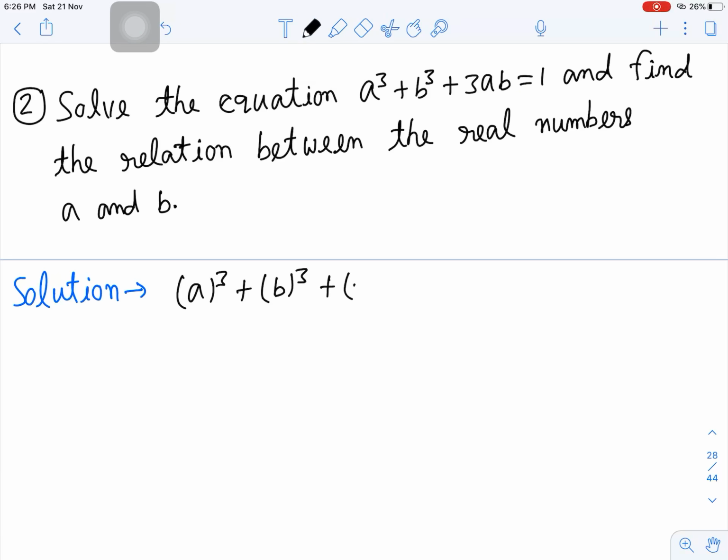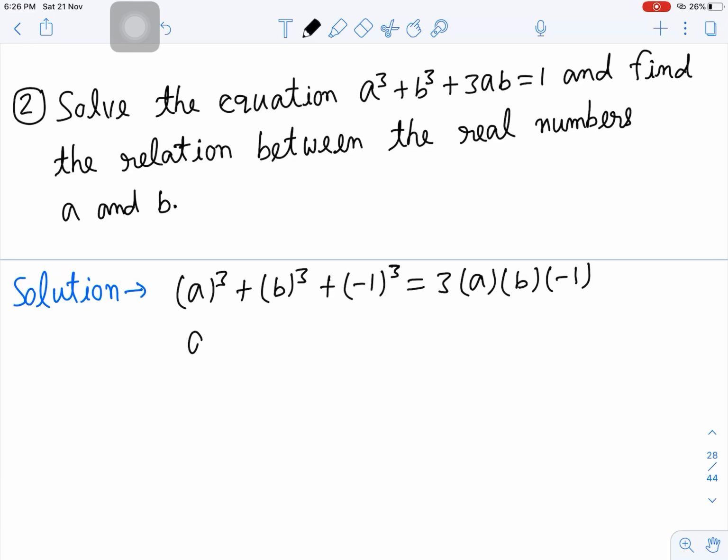Now minus 1 we can write as minus 1 whole cube. Then 3ab we can take to the right hand side, it will become minus 3ab. Now minus 3ab we can write as 3 into a into b into minus 1.